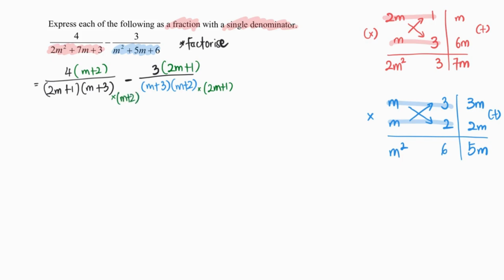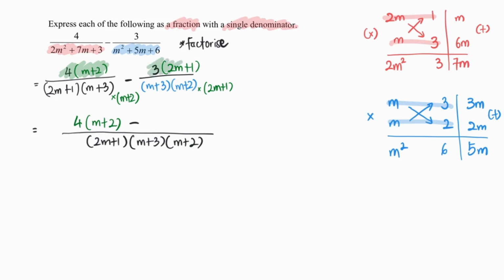So notice that I did not expand out first, rather I'm going to write out the numerator first. 4 times m plus 2, minus 3 times 2m plus 1.